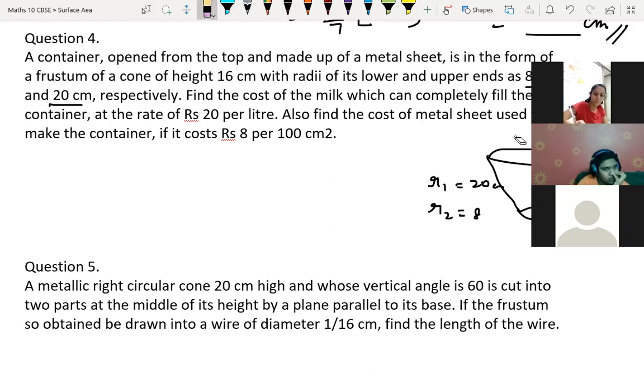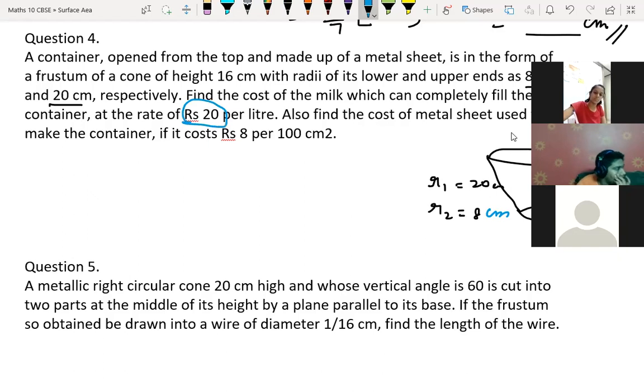Find the cost of milk which can completely fill the container at rupees 20 per liter.